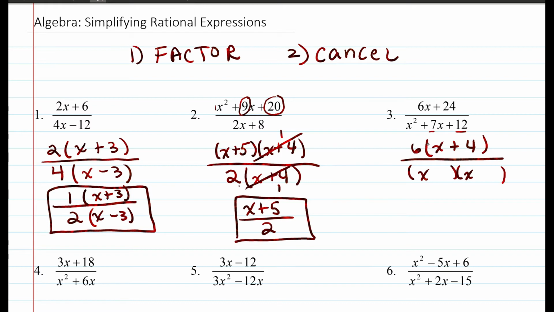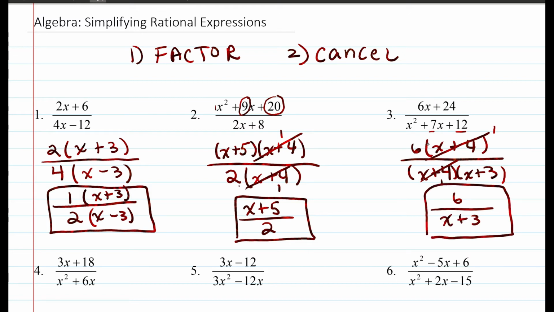Now I try 2 different numbers, 4 and 3. 4 times 3 is 12, 4 and 3 do add to make 7. And now it's a matter of putting the correct signs in. After that, I see that I can't factor anymore. I go ahead and cancel out. Remember, when things cancel, they leave 1's. So we get 6 over x plus 3. And that's my final expression.